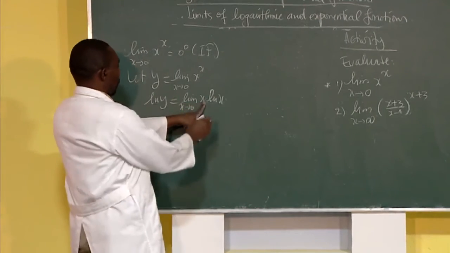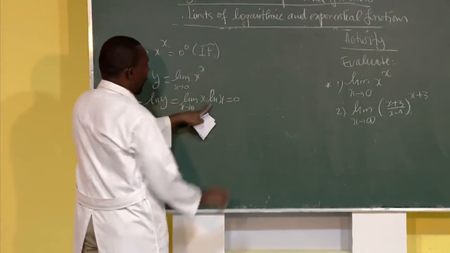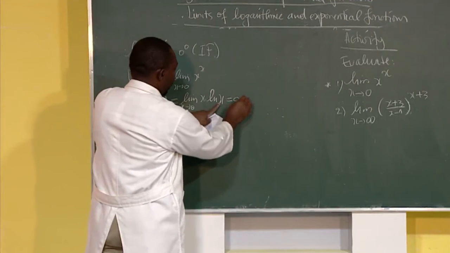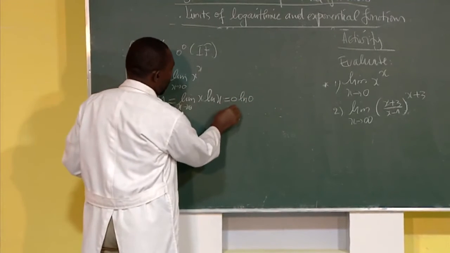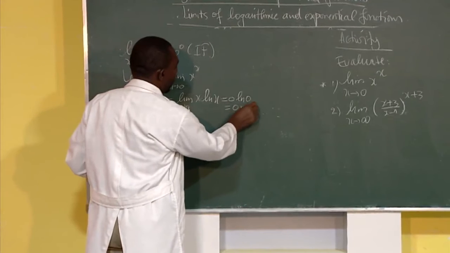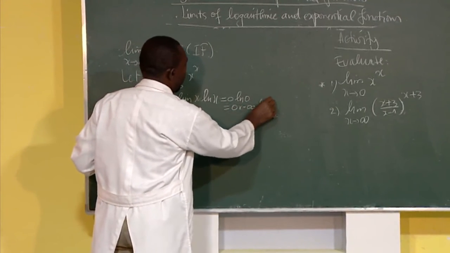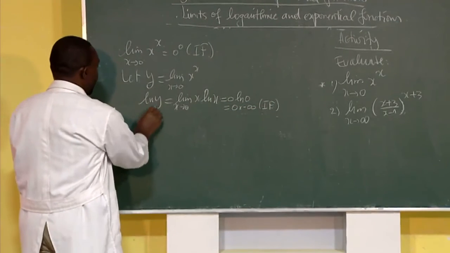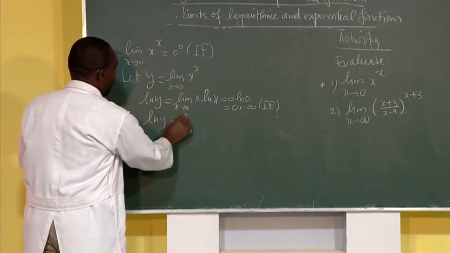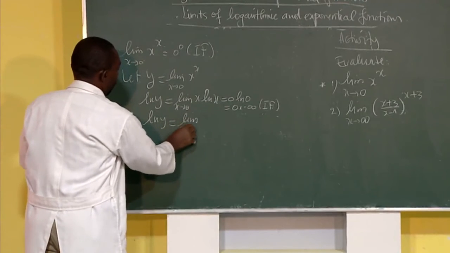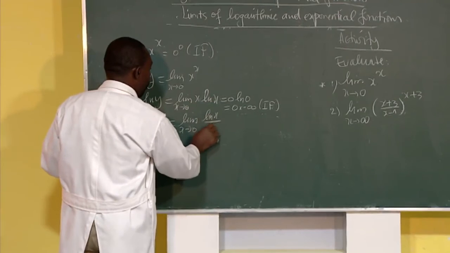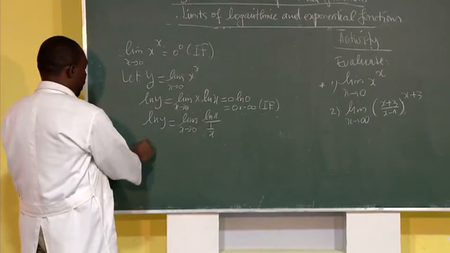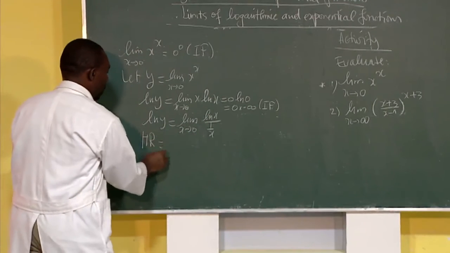Introducing 0, you have 0 times ln of 0, which is negative infinity. This will be 0 times minus infinity, and this is indeterminate. So we'll be having ln of y equals the limit x approaching to 0 of ln of x divided by 1 over x, and you apply L'Hospital's rule.